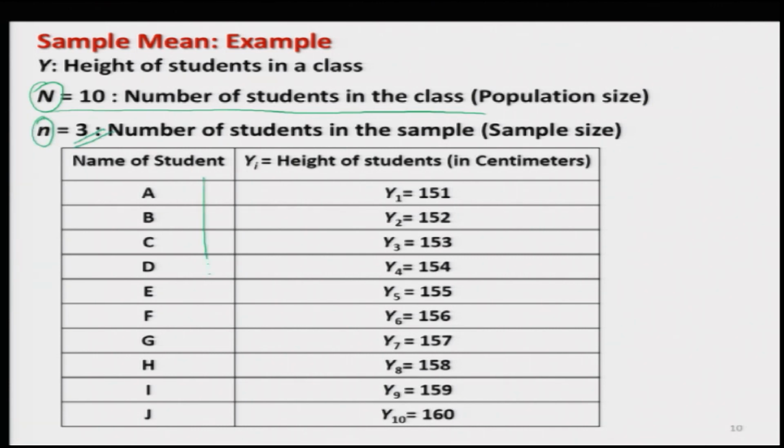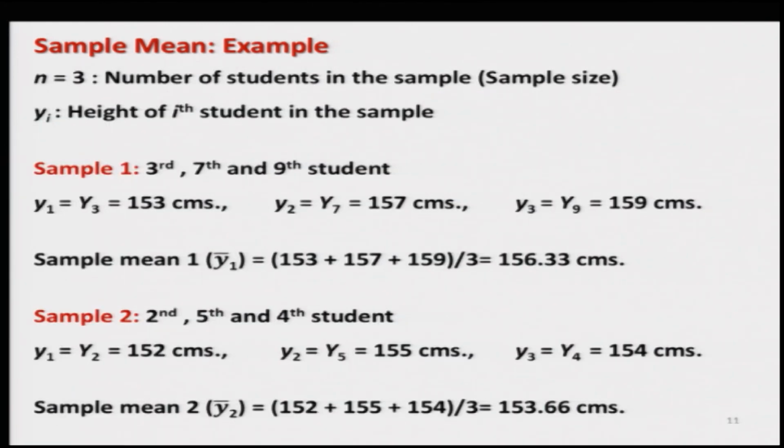The names of the students are A to J, and their heights are denoted by y1, y2, up to y10, as I explained earlier, and these values have been taken keeping convenience in mind. So y1 is 151, the second value is 152, the third value is 153, and so on. Now from this suppose I want to draw a sample of size 3, where small yi is the height of the ith student in the sample.